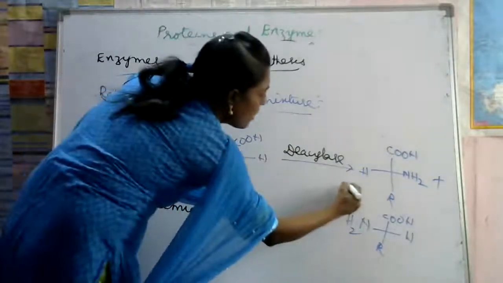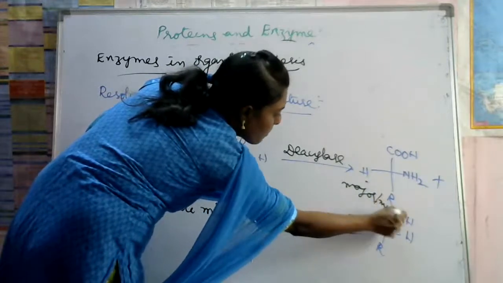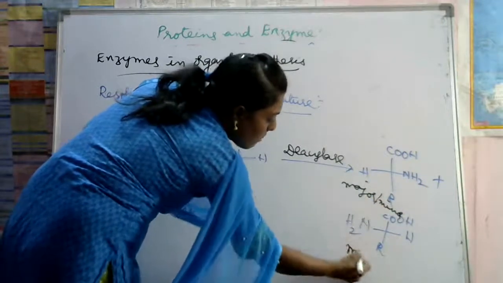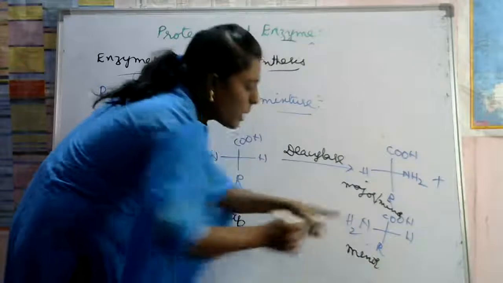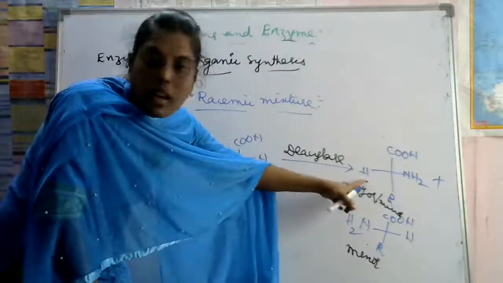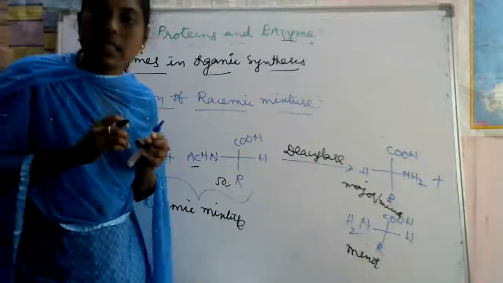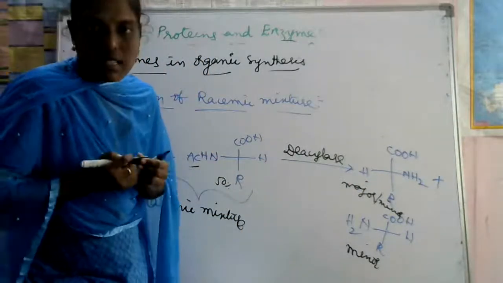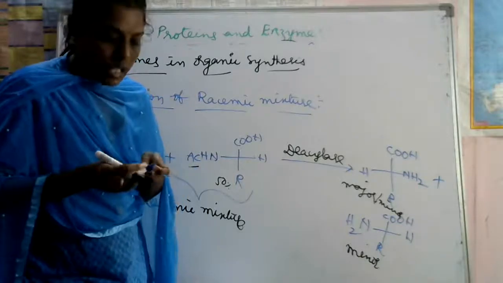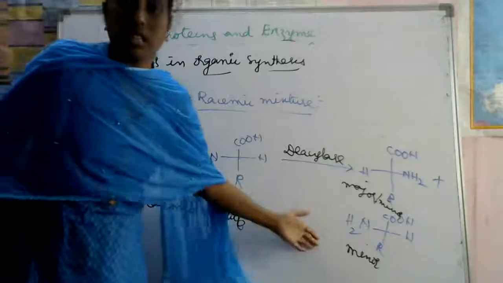After this reaction it will give different products, one major and one minor. After the reaction, it gives different yields, so that's why we can separate easily.